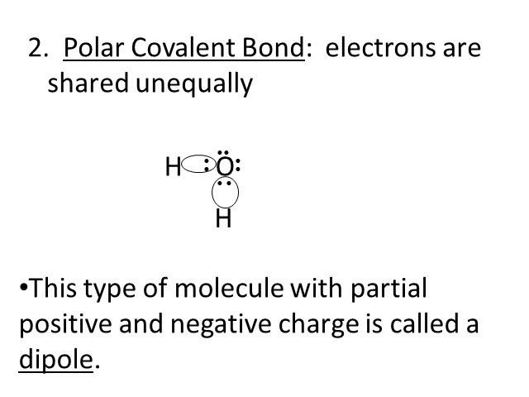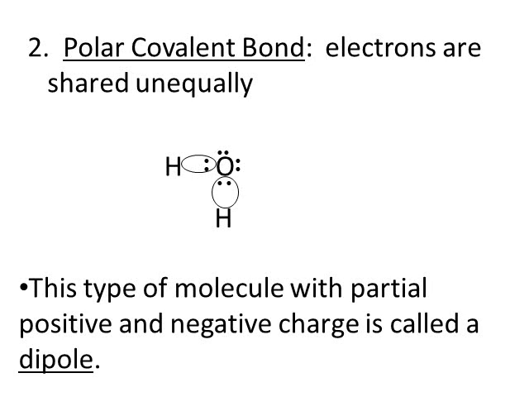A polar covalent bond is when electrons are shared unequally. And the way I like to think about this is if you put 2 3-year-olds into a room and you give them one toy, what's going to happen? These 2 3-year-olds are going to fight over the toy. One is going to hog the toy, hold on to it, and not share it with the other kid. And that's what happens in a polar covalent bond.